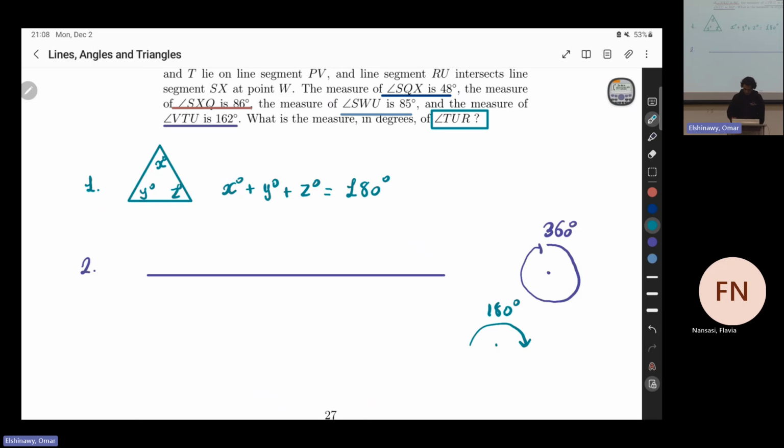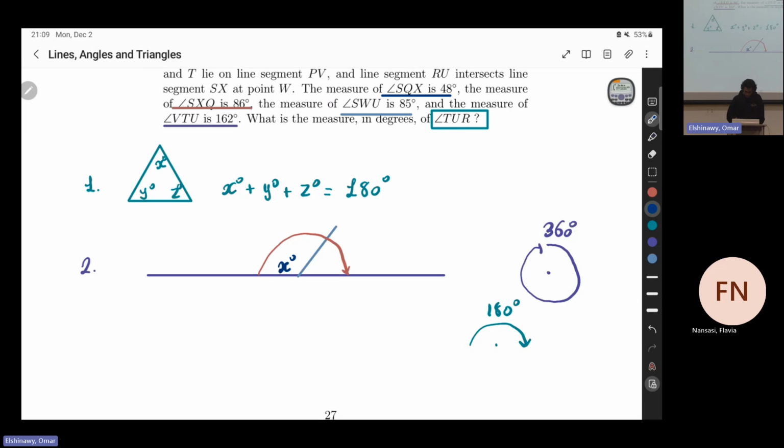And so this is precisely what we mean here. If there is a line, let's say some straight line like this, then it divides it into two angles. The sum of the two angles is 180 degrees.